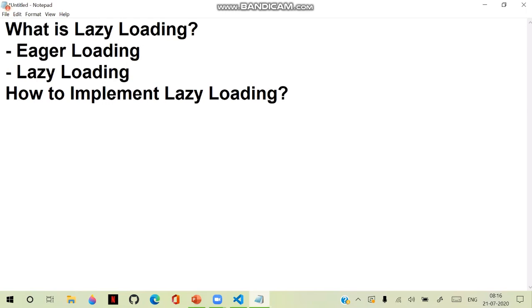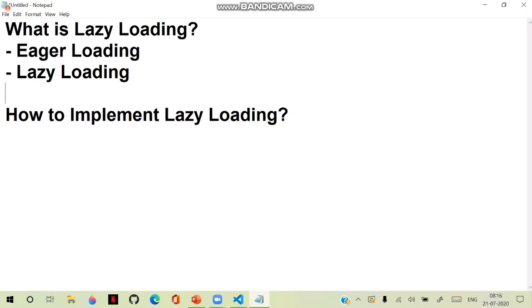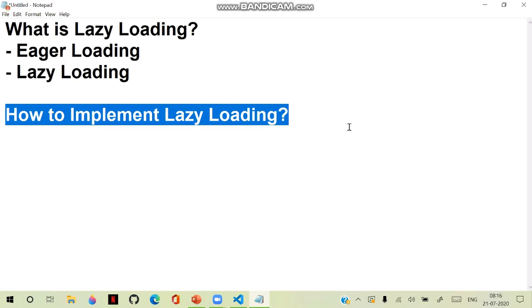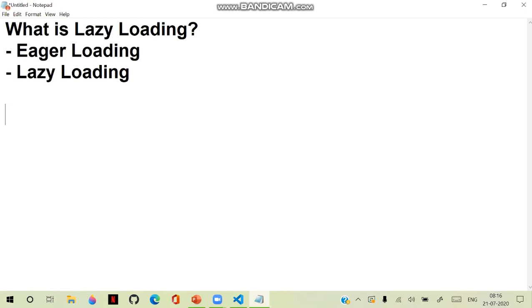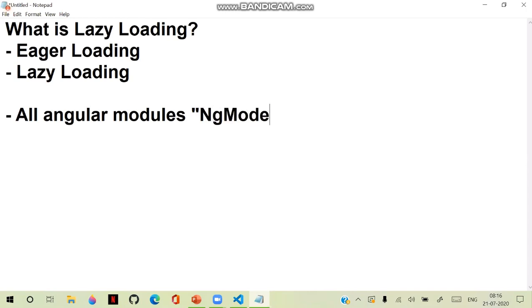One of the main issues in general Angular is that all Angular modules, that means all NgModules, are eagerly loaded.